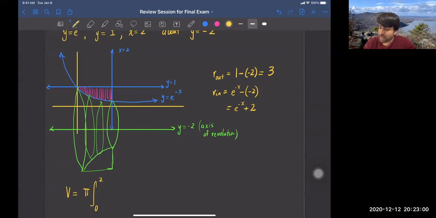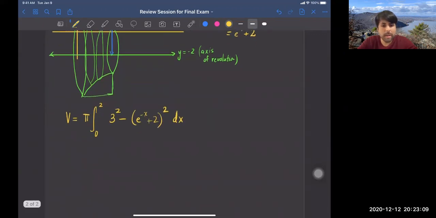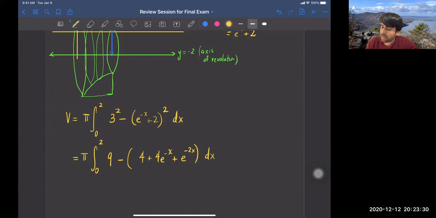And now the setup becomes 3 squared minus (e to the -x plus 2) squared dx. That's going to be my integrand. So if you want to continue, this becomes pi from 0 to 2 of 9 minus, in parentheses, 4 plus 4e to the -x plus e to the -2x dx.